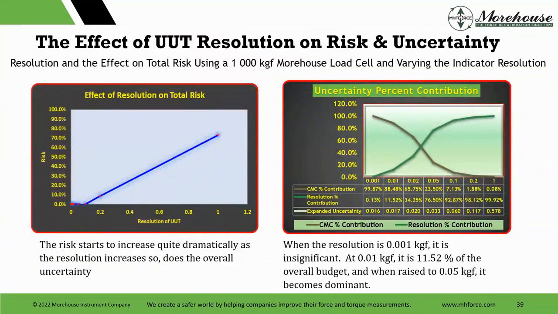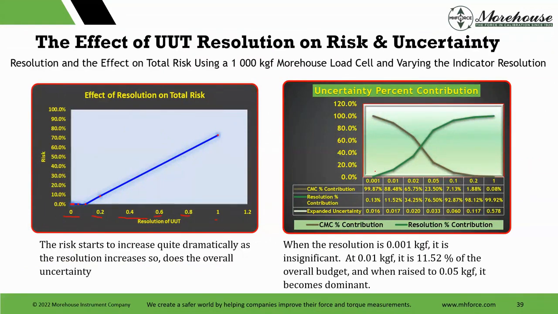Heather posted a link to this spreadsheet. If we look at resolution, this is a 10,000 pound, or 1,000 kilogram, load cell. If we start looking at the resolution and its effect on risk, as my resolution goes up, so does my risk percentage. On this side, when the resolution is 0.001, it's insignificant.